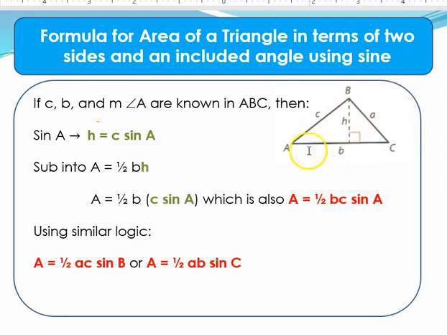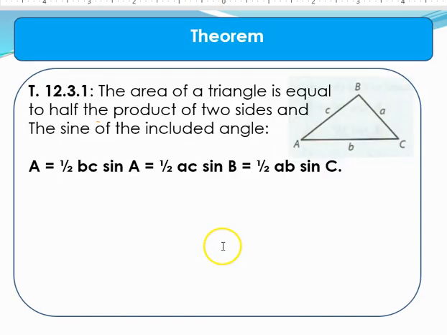Well, this means that you may have different angles that you're using in this triangle that you'll be finding sine for. Whatever angle you have, you will be using your opposite over your hypotenuse. So this is what the formula will look like.